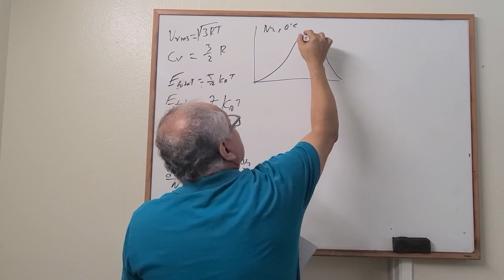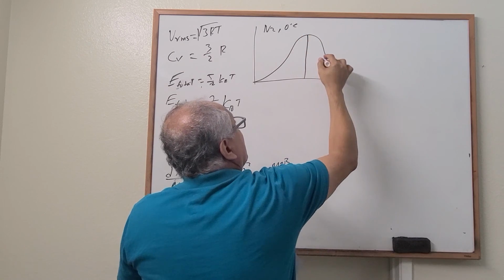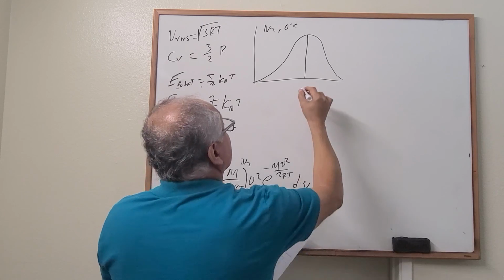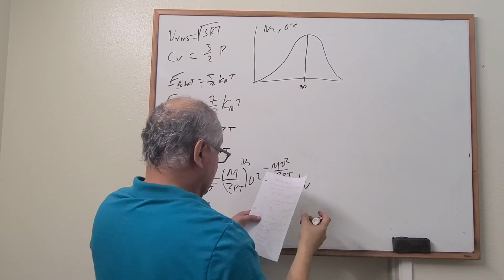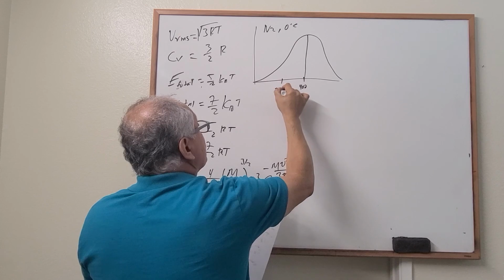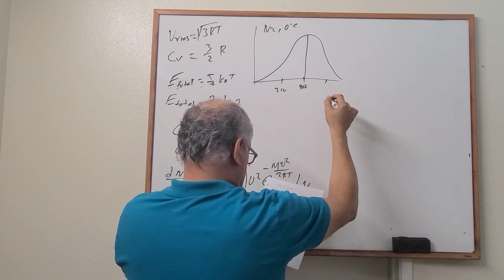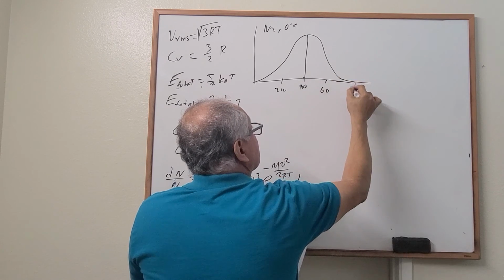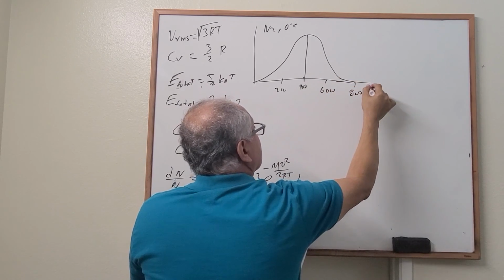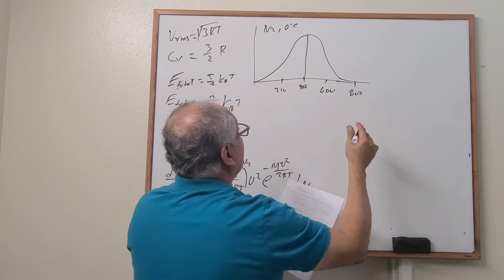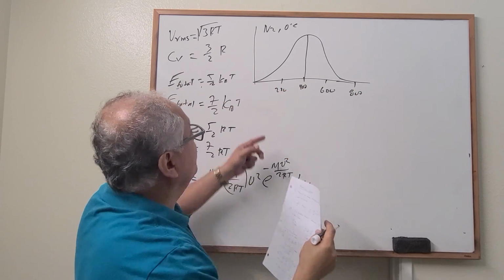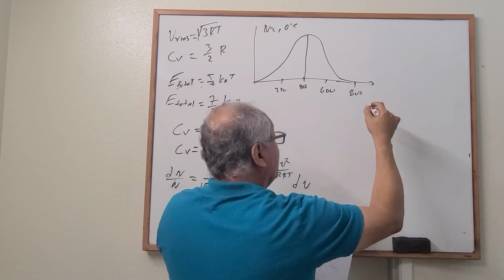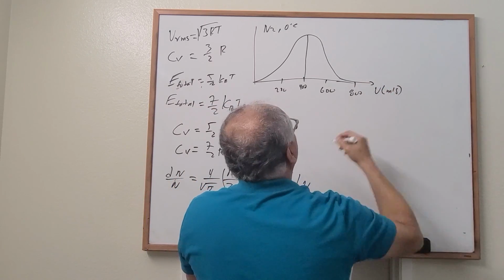So we have the maximum right here, and then the temperatures. This is 200, this is 400, this is 600, and so on. This is 800. This is actually velocity, in meters per second.